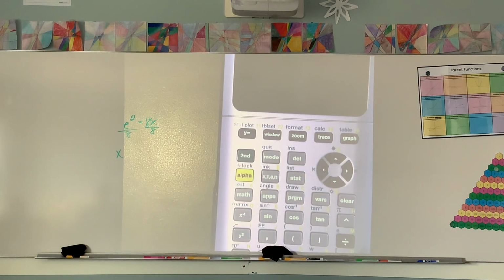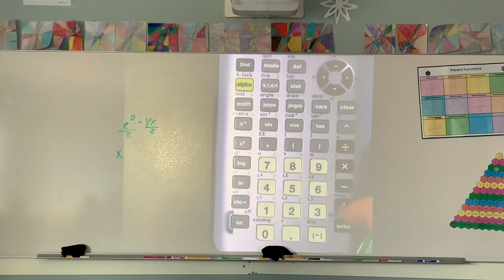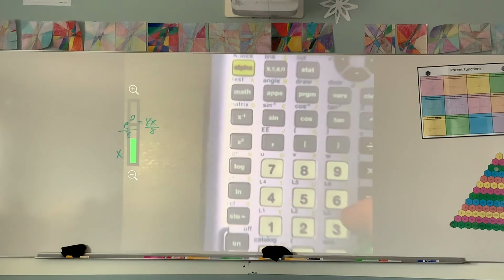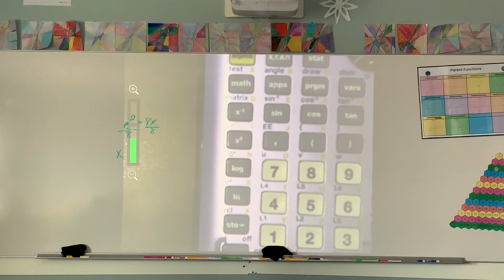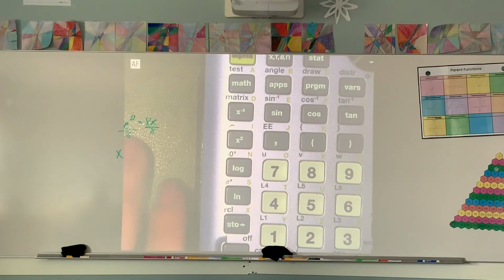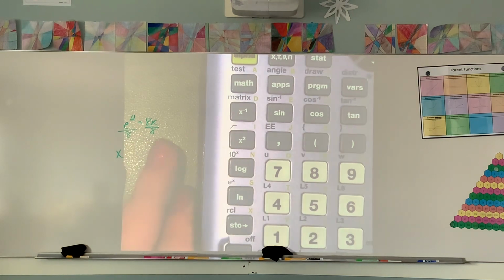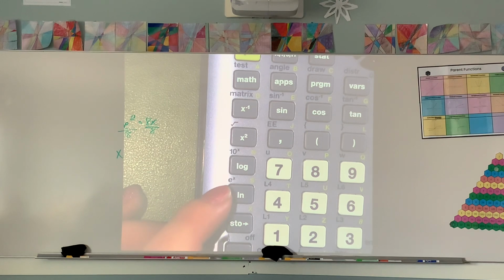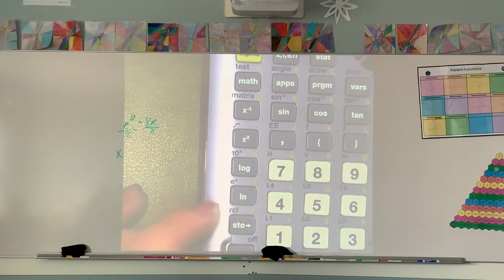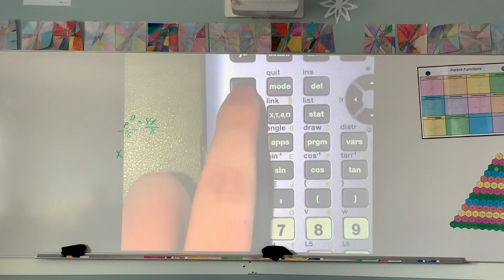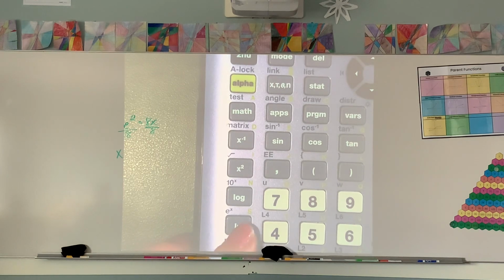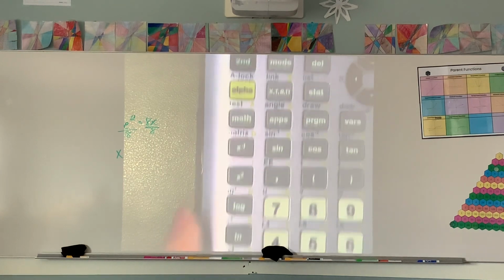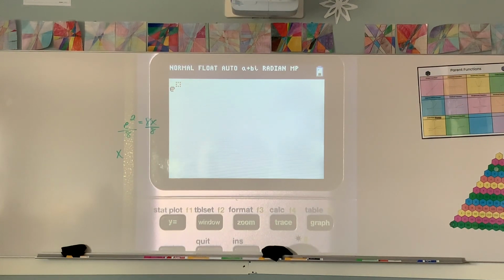So on the calculator, there's kind of 2 options for how you can do this. One of them is a little less work than the other. So we actually have an e to the power of x right here that some of you already found. So you'd hit second and then the natural log button. And that gives us e up there.